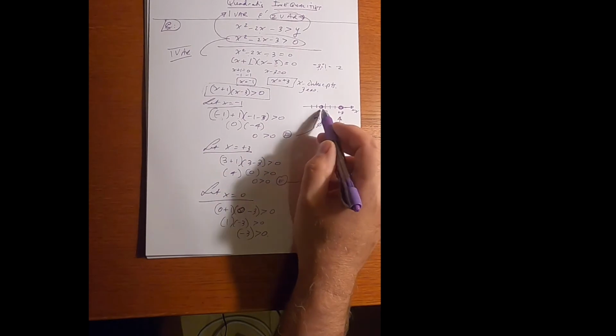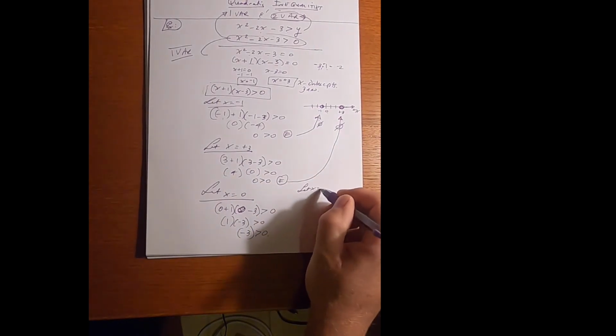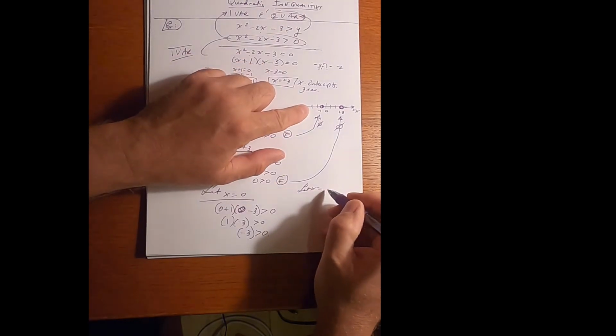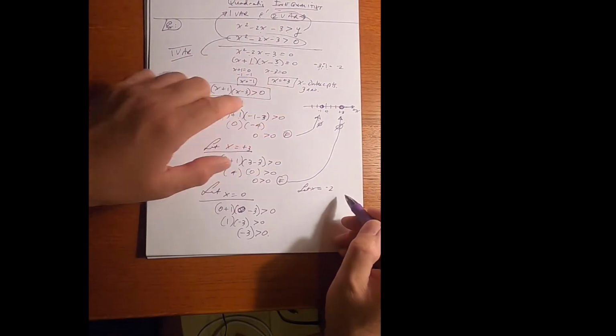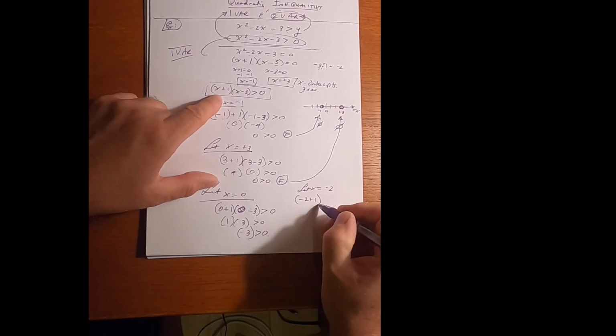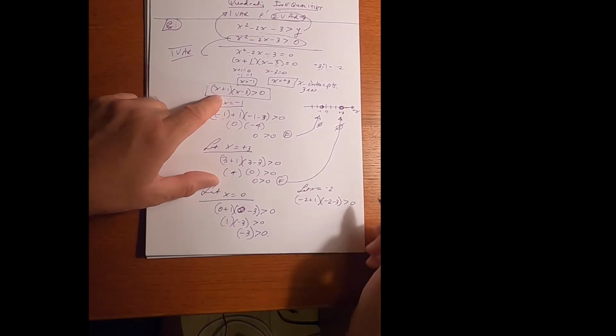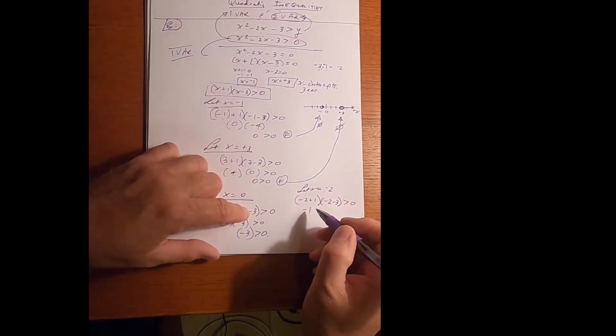All right, let's test one of the spots outside here. Let's let x equal -2. All right, let's give that a shot. Okay, -2 plus 1, -2 minus 3. Is that greater than 0? Well, this will be -1, right?